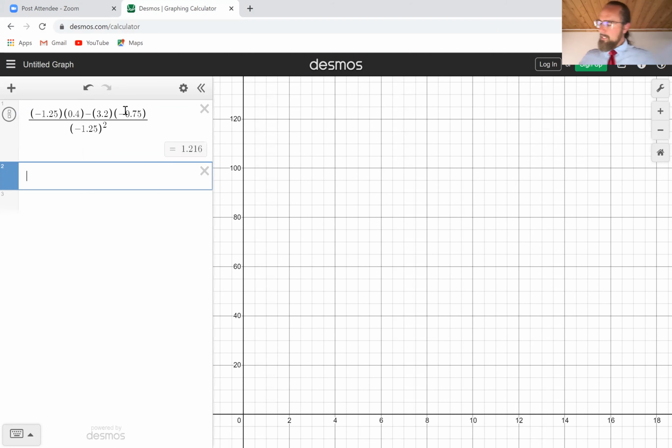And that gives us the value of about 1.216. So we'll head back to our note screen to finalize that one.